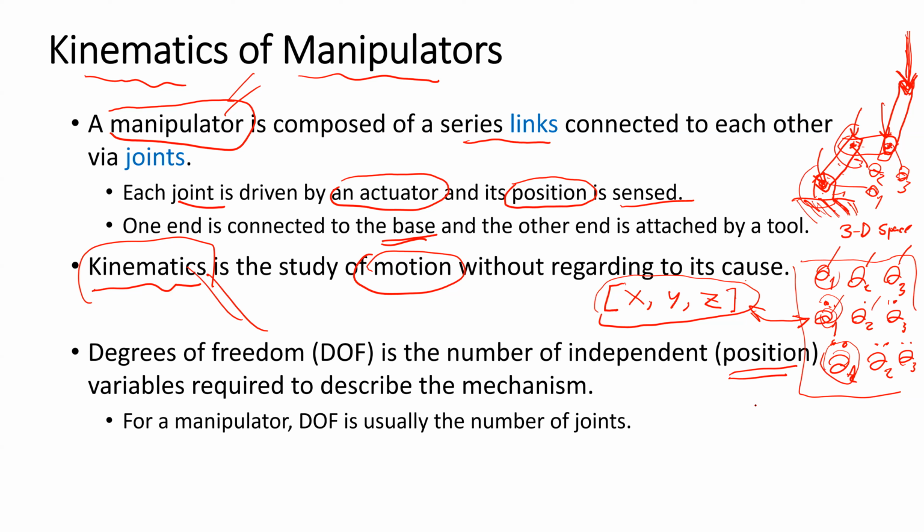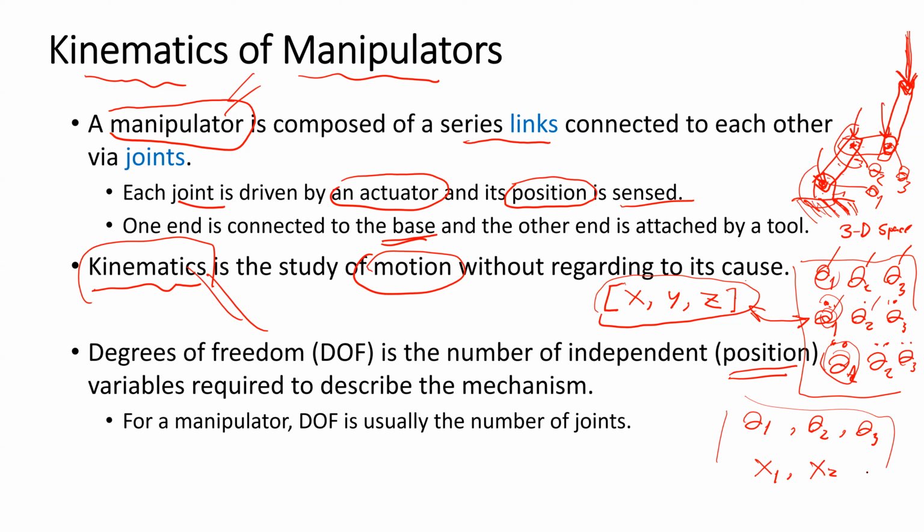So it includes the theta that the rotational actuator drives in the joint, or it sometimes also includes the displacement in the prismatic joint if the robot has a linear actuator.